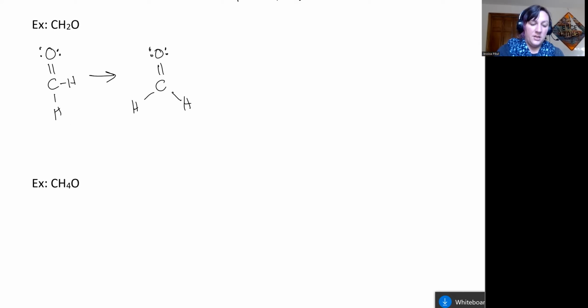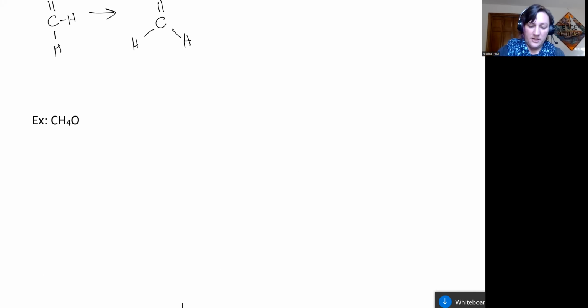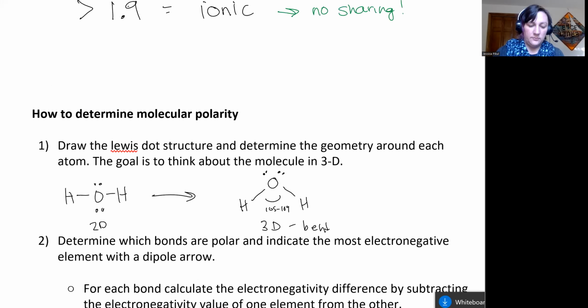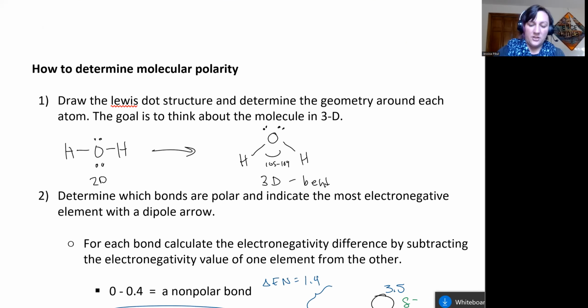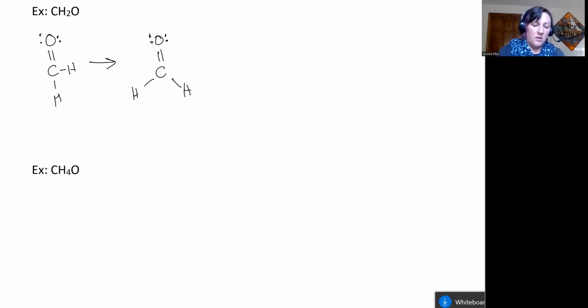So in this case, I'm going to use my handy dandy electronegativity chart that I've memorized already, but you have not. So it's up here. And I can see my oxygen is 3.5 and my carbon is 2.5. So I'm using that chart to inform this part of the process. So I'm going to write that down here.